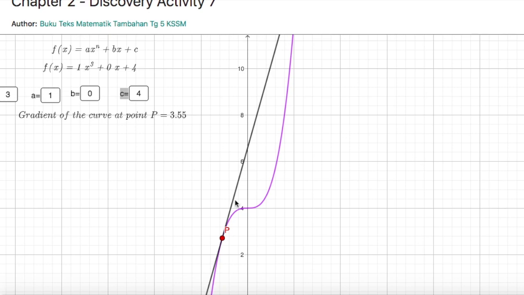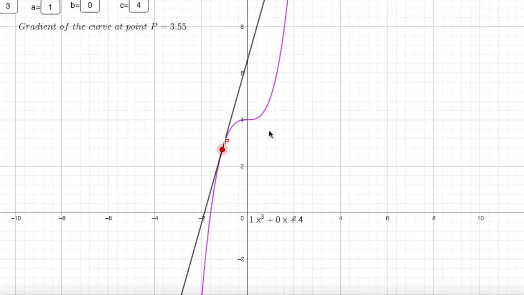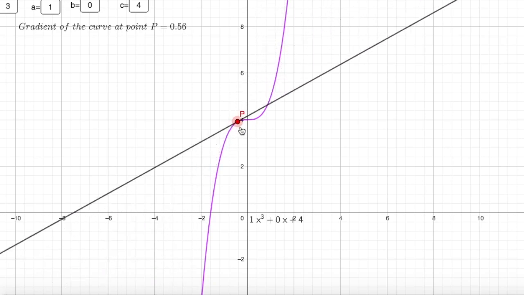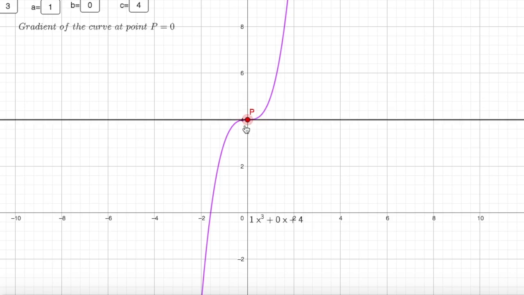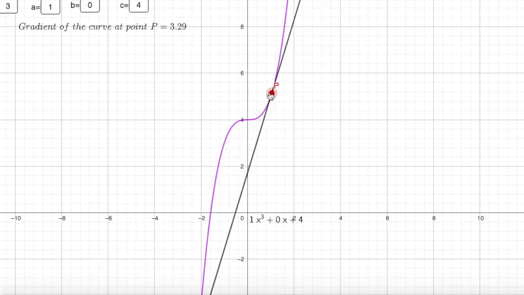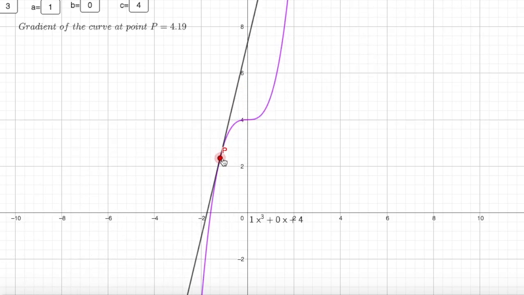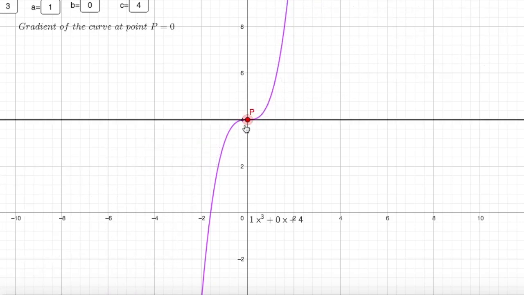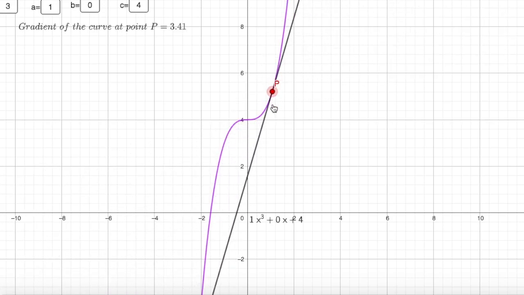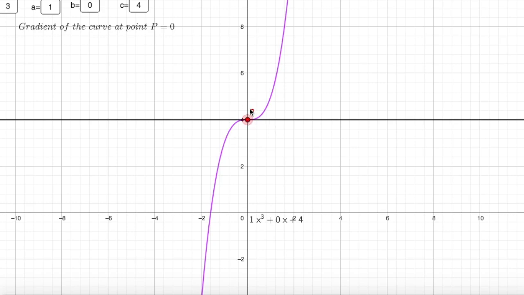Now you can see the P here: dy dx is positive, whenever it is horizontal dy dx equals 0, and then it goes positive again. That means dy dx never changes; it is positive and still positive. So this one we call a point of inflection. It's not a point of minimum, it's not a point of maximum.